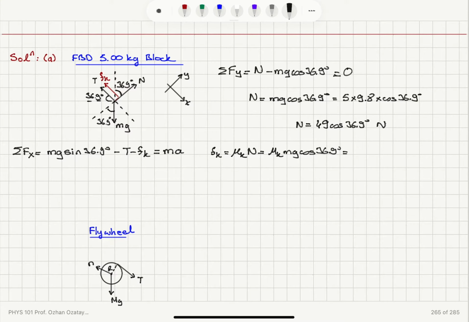So this is 0.25 coefficient of kinetic friction times 49 cosine 36.9 degrees, and Fk turns out to be 12.25 cosine 36.9 degrees in newtons. So I'm keeping the cosines and sines to get the final answer correctly with the right number of significant figures.